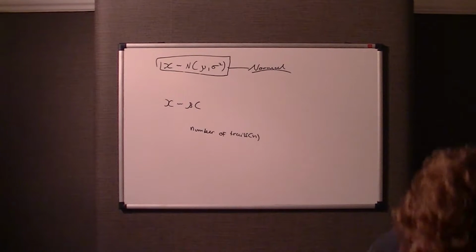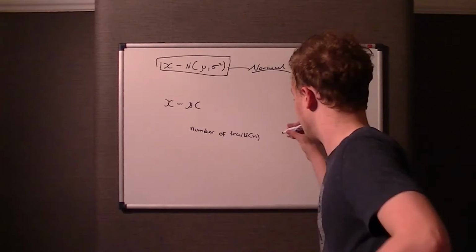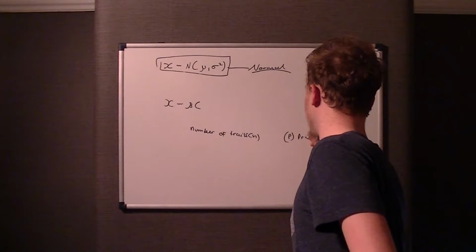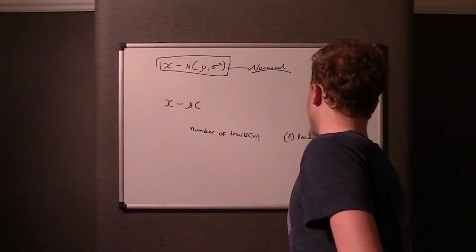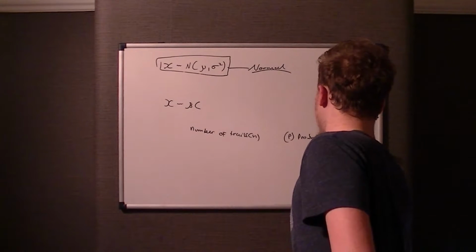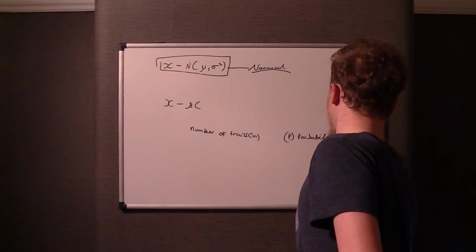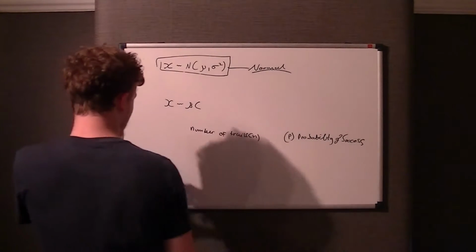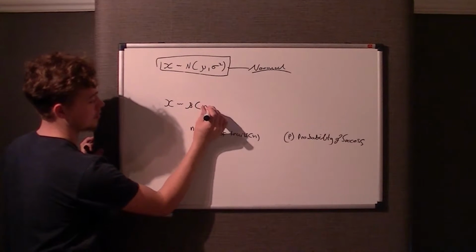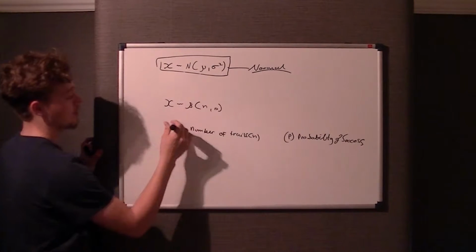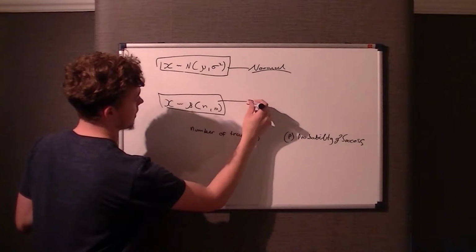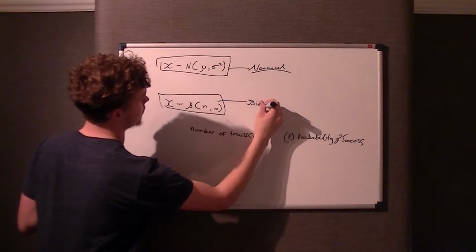We also have a probability of success, which we label p. And we just simply write that as n, p. So it's a lot simpler, and you just have to remember that is how they write binomial.